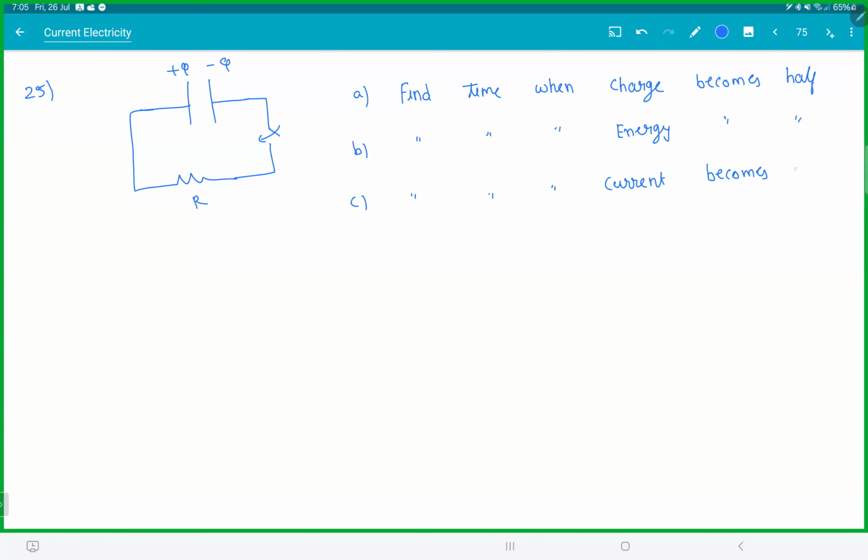You can take it as 1 by e times. That is better. Just formula substitution, there's nothing there. And you have seen this somewhere else also. Do you remember where?